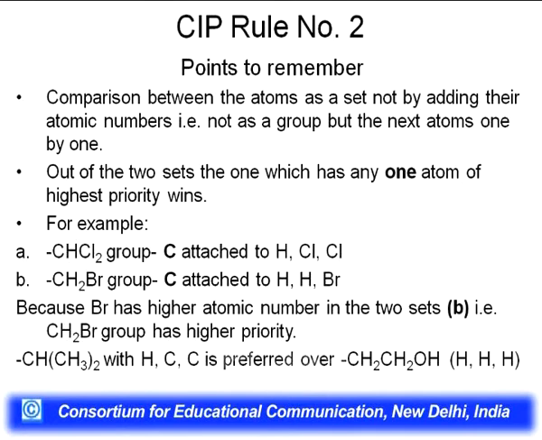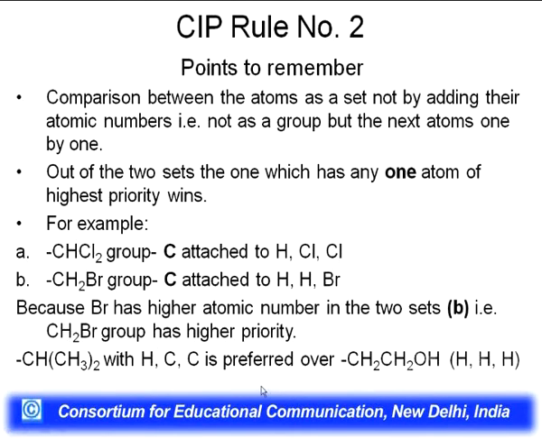Take another example, CH whole twice, the isopropyl group, which has H, C and C. This is the H, this C and again this C. This carbon is attached to H and 2 C's. So, I have written HCC is preferred over, on this carbon, what is attached? H, H and H, right.